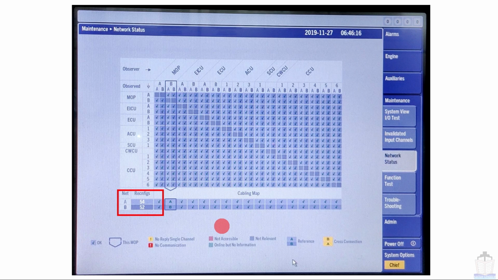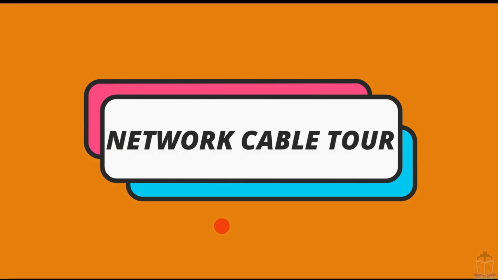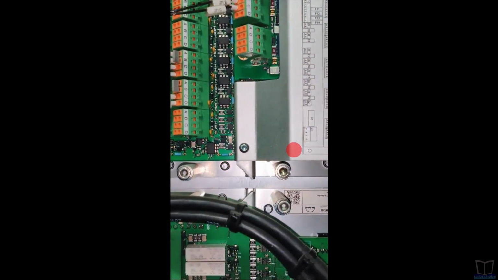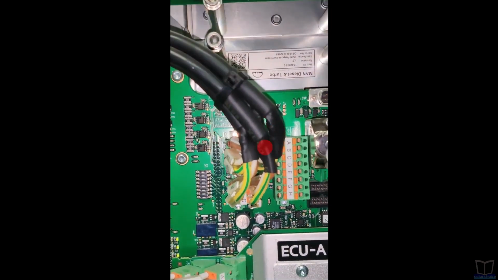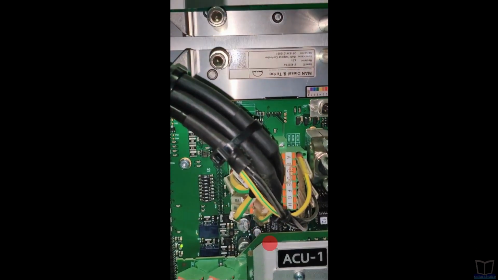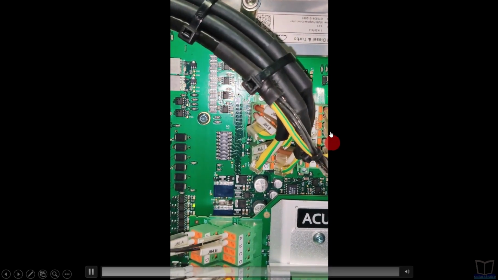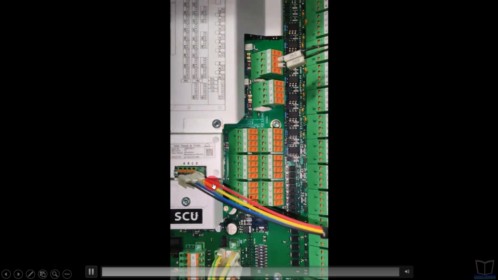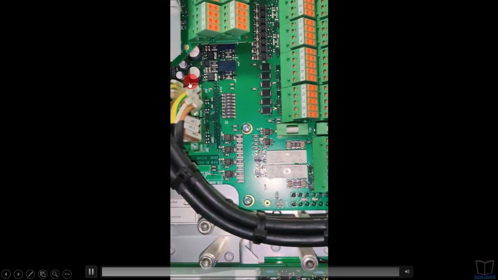Now here we are going to see the tour of the network cable. So here this is a small video. This is issue B. Then this is issue A. This is SU1. This network cable is here for PMI. This is SU. This is the network cable.